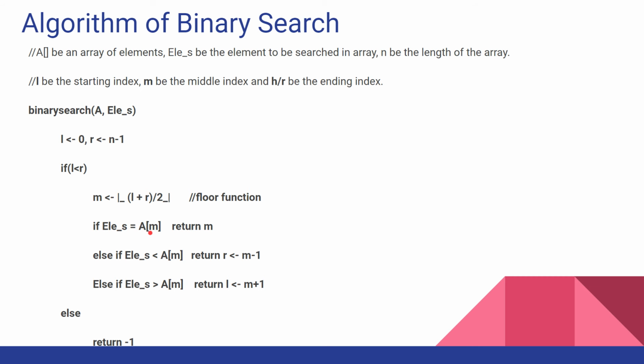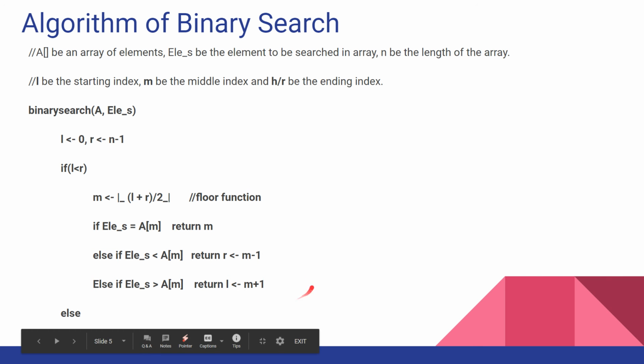So A[M] represents the element present at the middle index in array A. If the element is found, then return M. In this case, if the element is found in the first attempt, the time complexity is O(1), because this is considered the best case, because in the first attempt we get the element that we have to find. The rest are considered average, or you can say worst case.